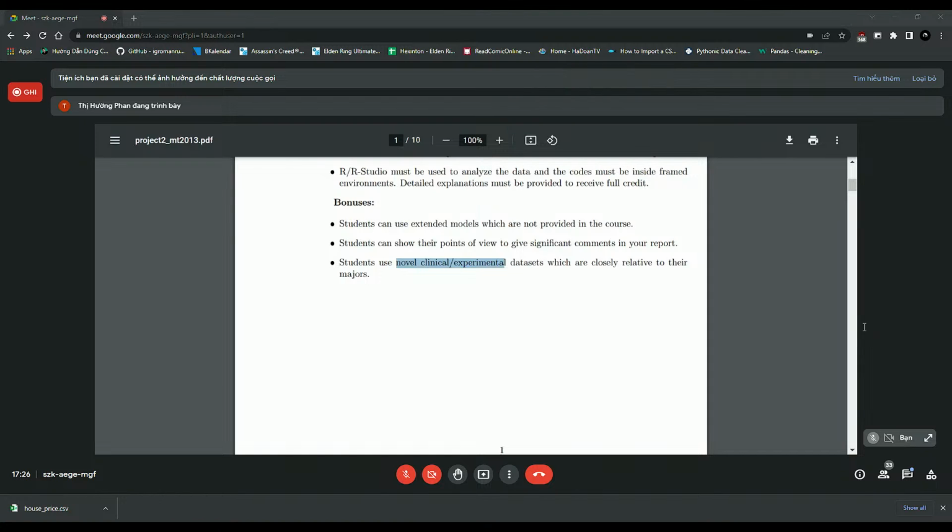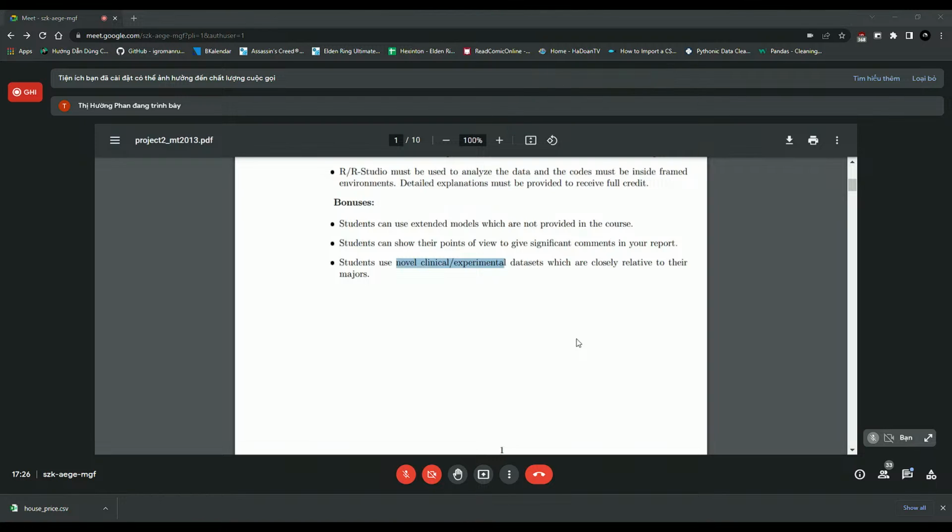Anyway, a meaningful data set will give you more bonus and a better score. And also the method: of course, you are free to choose any method or approach. But students who use a more complicated data set and a more complicated approach will do better than students who only apply a very simple data set.